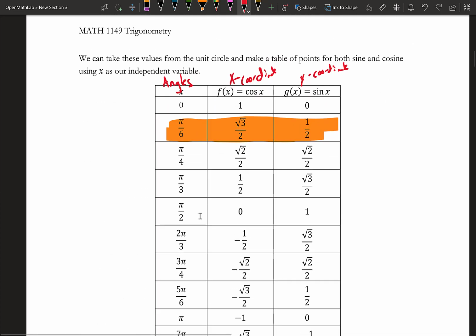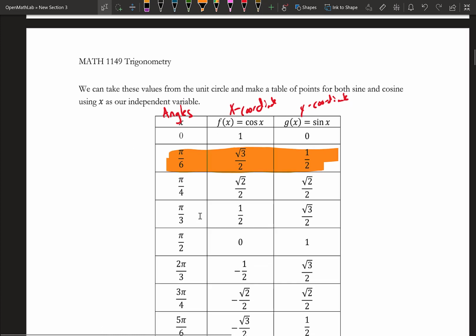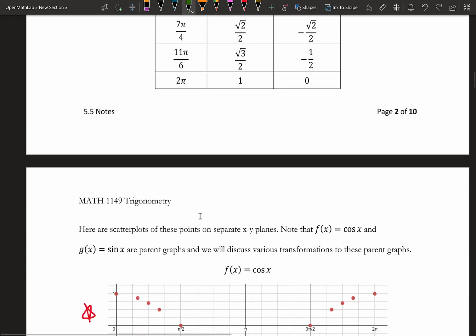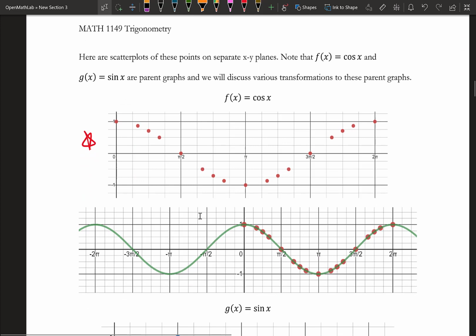In other words, I let this be my x and this be my y, and I just plotted these points. You'll notice that we get this pattern here, like a wave pattern.